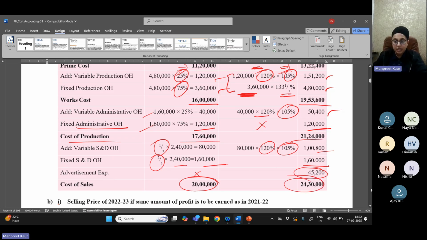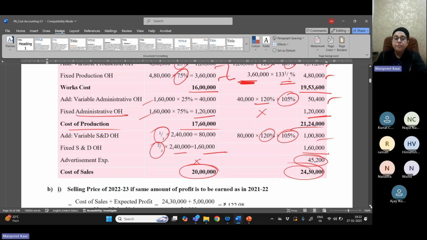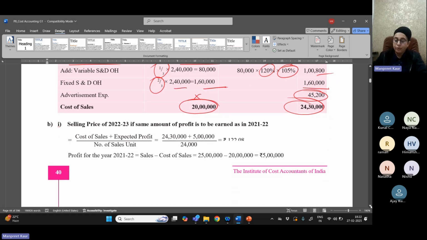Now, the question says in the adjustment entry, if the selling price of 22-23 is the same, then the same amount of profit is to be earned as in 21-22. How can we calculate the same amount of profit? That is the formula for the desired profit.